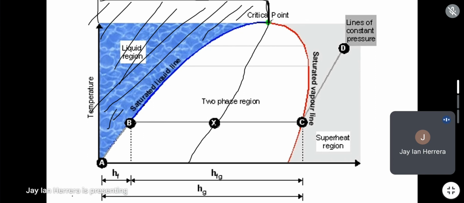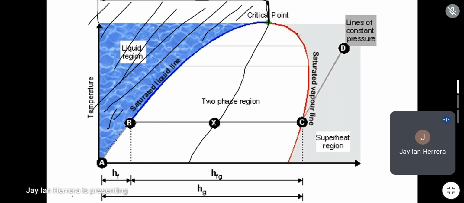And then sa right part ng our critical point, and this curve right here, this is our saturated vapor line or curve. So any point na naka-intersect dyan, properties dyan is at saturated vapor. Meaning, wala nang tubig, or wala nang kumukulong tubig, di ba?